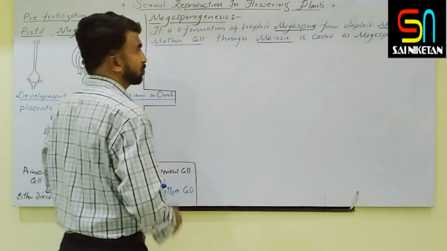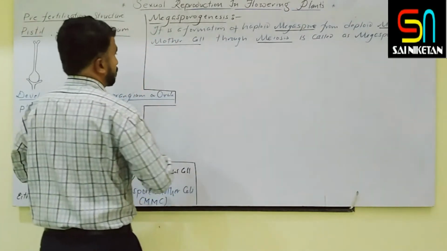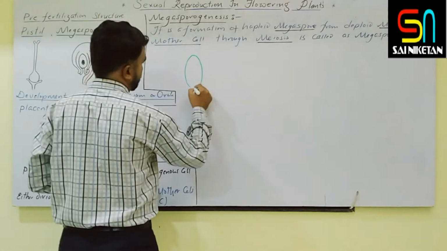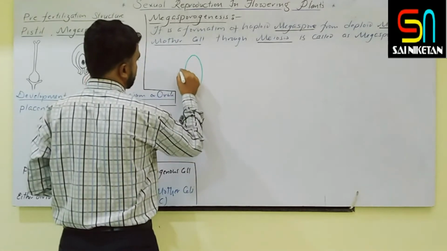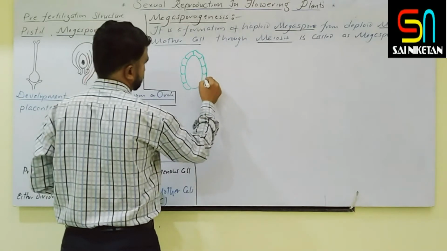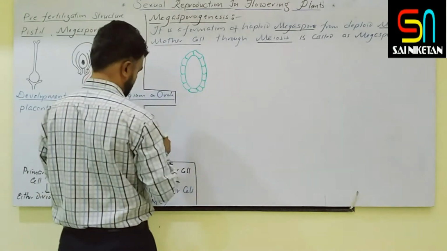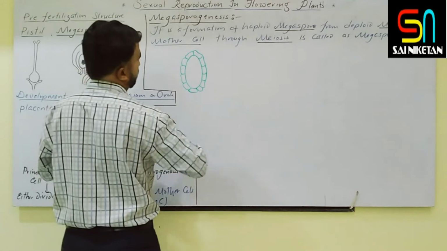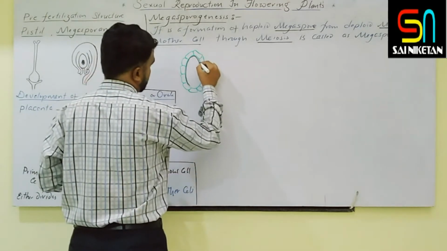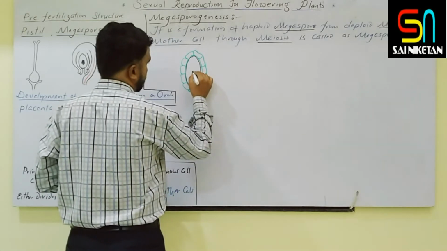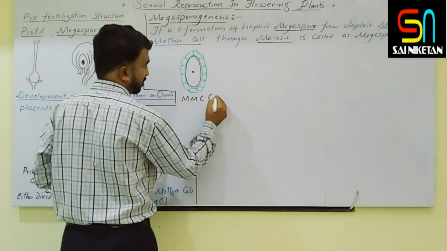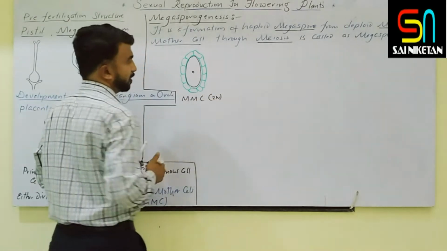Now, megasporogenesis means, these are the nucellar cells, and inside, this is the megaspore mother cell, which is diploid in nature.